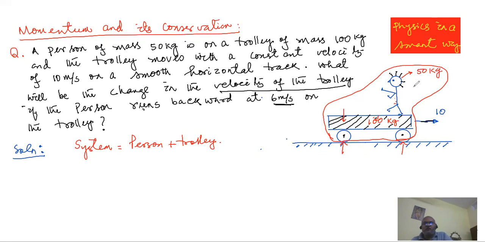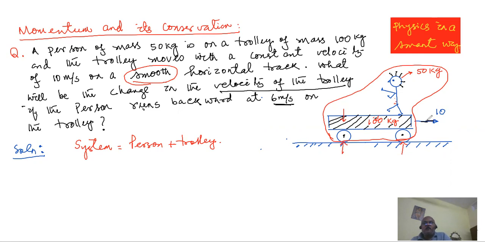So we ignore them. A horizontal force that could have come in is the force of friction, but the question avoids it by mentioning a smooth horizontal track. So we neglect the vertical forces because we are mostly interested in the horizontal momentum.